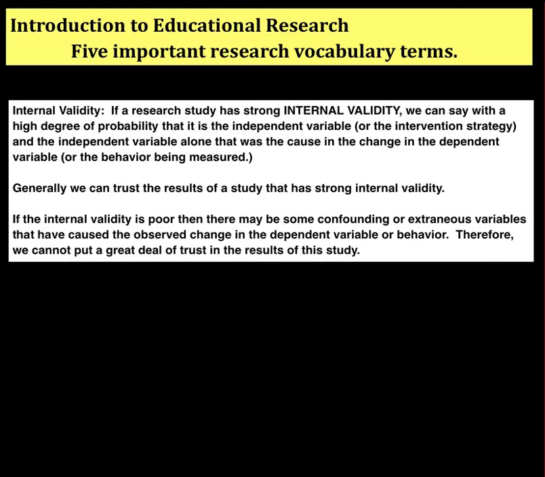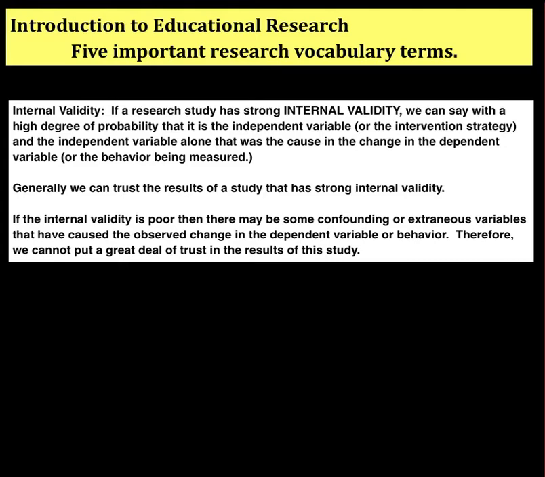So if research has very good internal validity, in other words, the researchers have controlled for a lot of threats to internal validity, then we can say with a high degree of probability that the change in the dependent variable was due to the intervention or the independent variable.